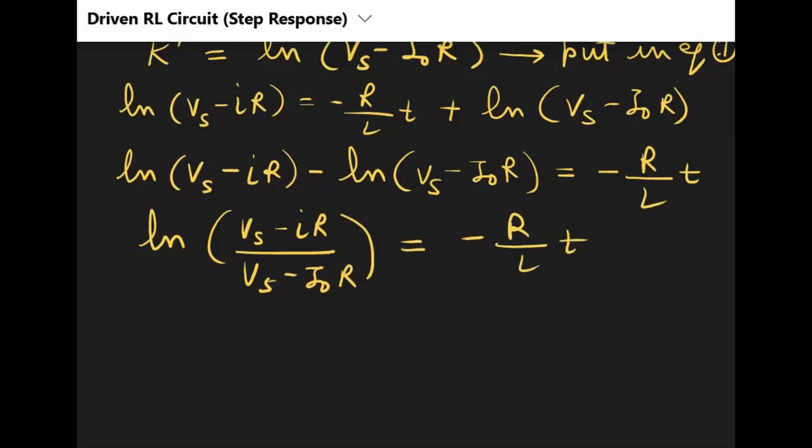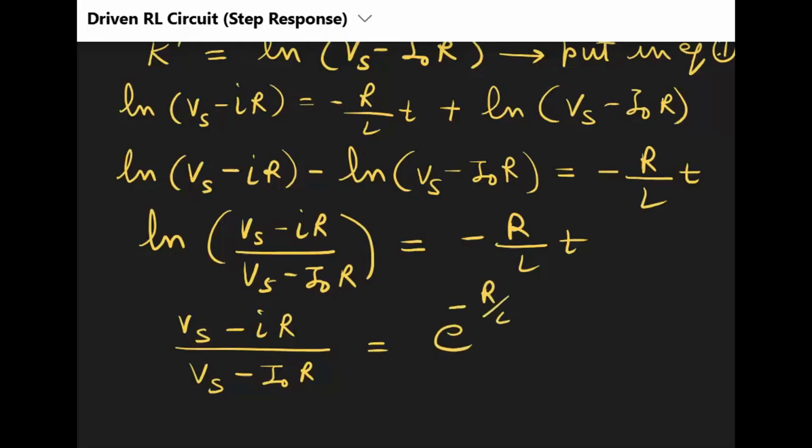Now by taking the antilog of both sides, we get (Vs minus iR) upon (Vs minus I0 R) equals e to the power minus (R by L) t, which we can write as e to the power minus t upon (L by R). Remember, this is for t greater than 0.